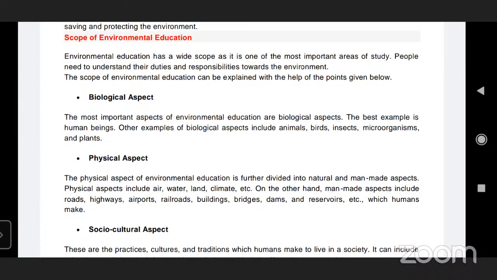So the biological aspect is any living being present on the earth, from small insects and microorganisms. Microorganisms are organisms which we cannot see with the naked eye, which can be viewed under the microscope only.